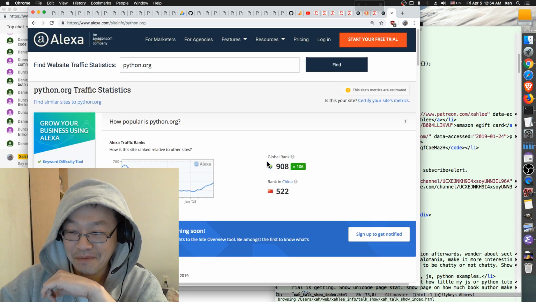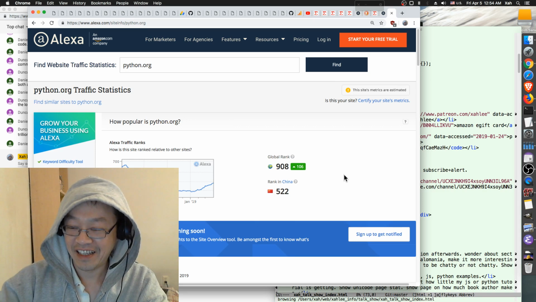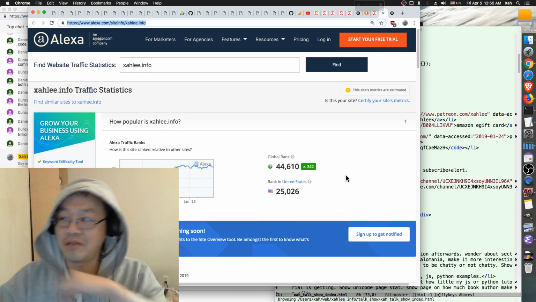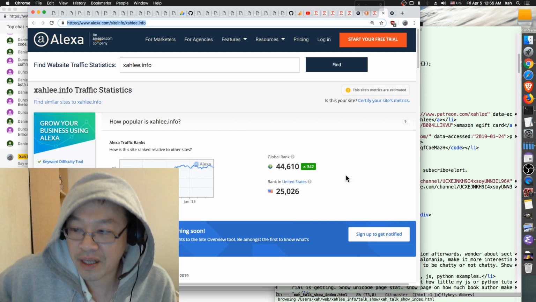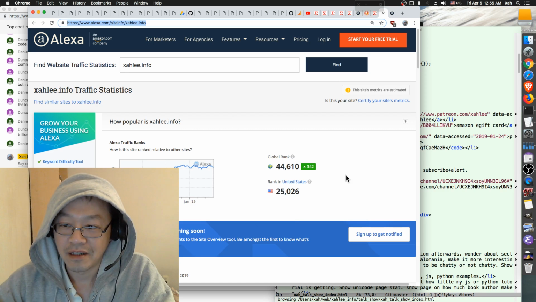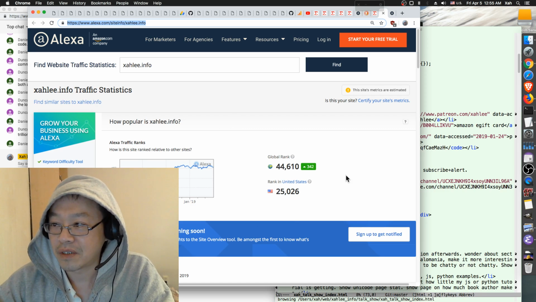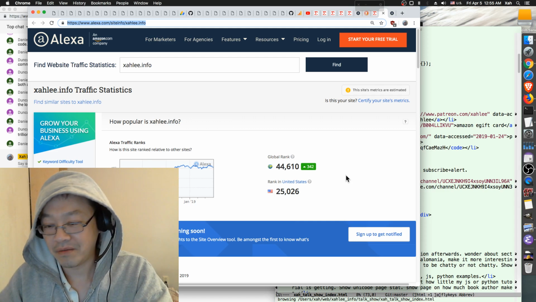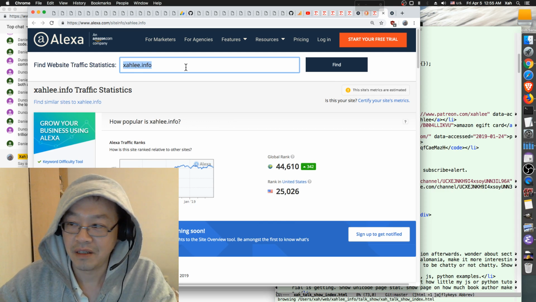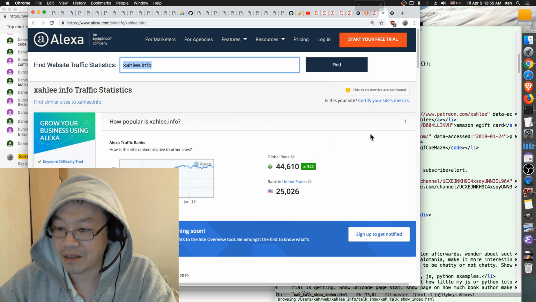Okay, they are much higher, 908. Alexa ranks only the top 100,000 sites. Let's see what some other site to check. But anyway, you can type any website name here and find out how they rank.